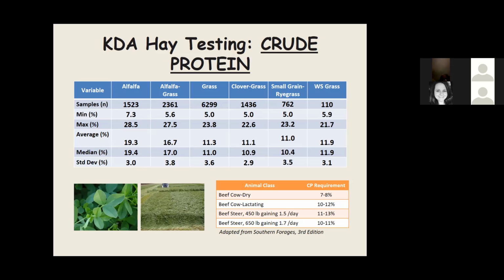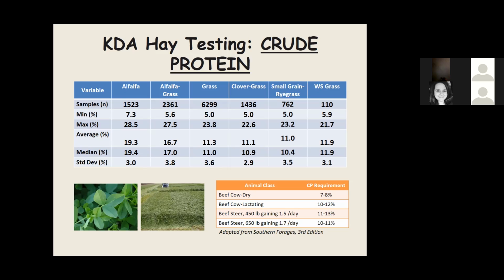Okay, there was a test conducted, or a summary analysis, of 10 years worth of hay samples at the Kentucky Department of Agriculture. This was over 14,000 hay samples that were collected over that 10-year period. And Dr. Chris Teutsch did an analysis looking at those numbers from all those samples.